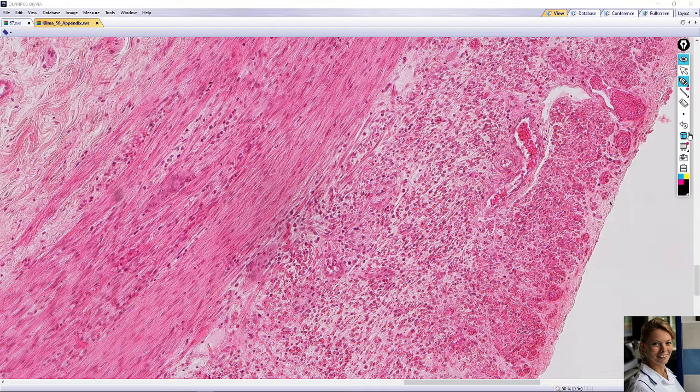Between these muscular layers are parasympathetic ganglia of the myenteric plexus Auerbach.